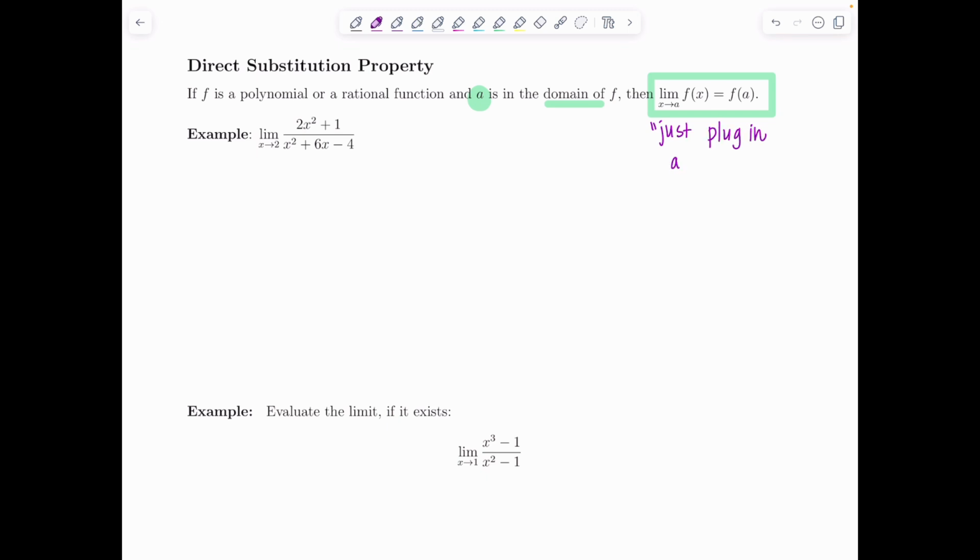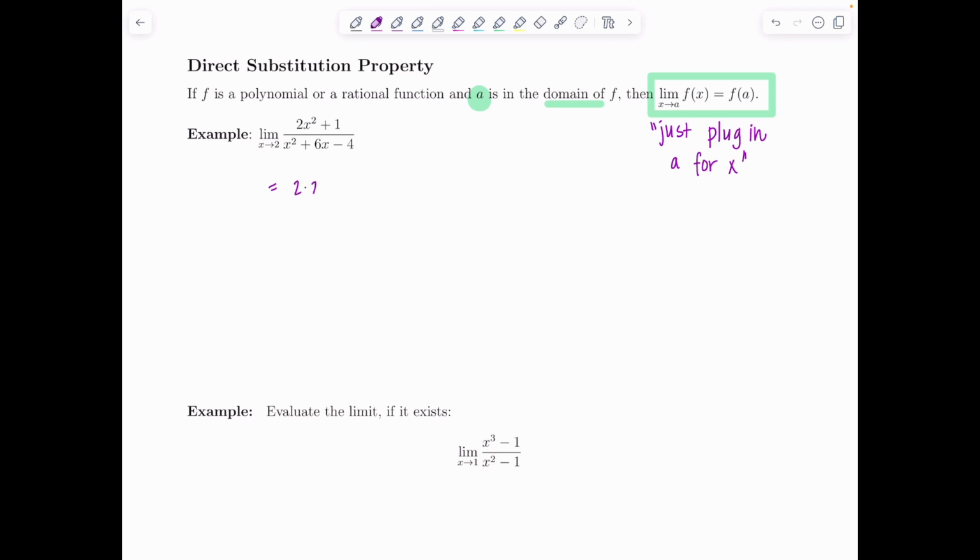a for x. Okay, so let's practice a little bit here. We have the limit as x approaches 2. Notice this is a rational function, 2x squared plus 1 over x squared plus 6x minus 4. So we're just going to substitute in, direct substitution, plug in 2 for x.